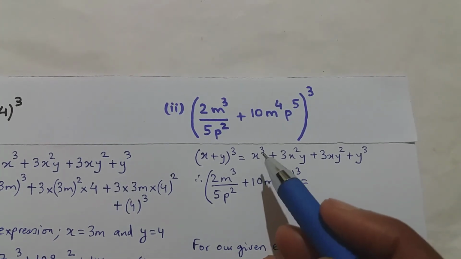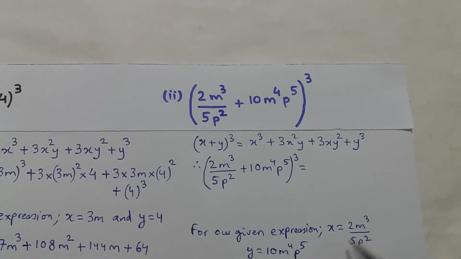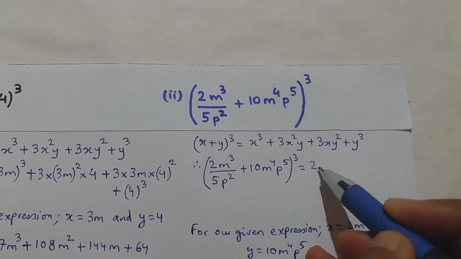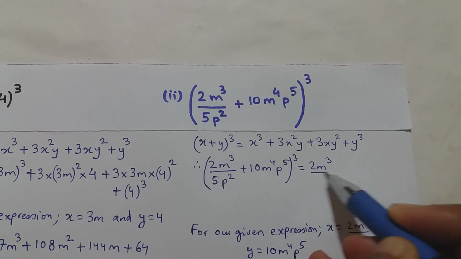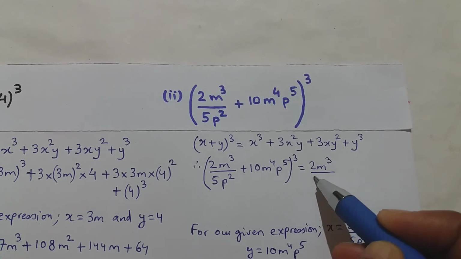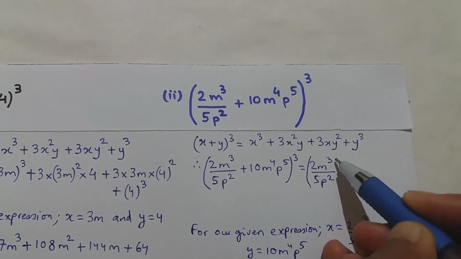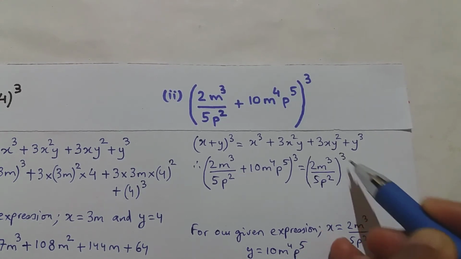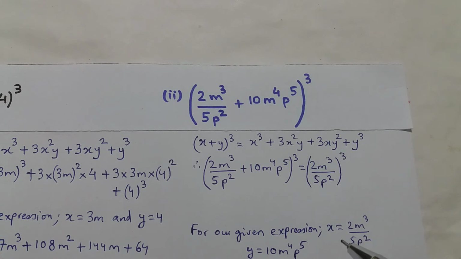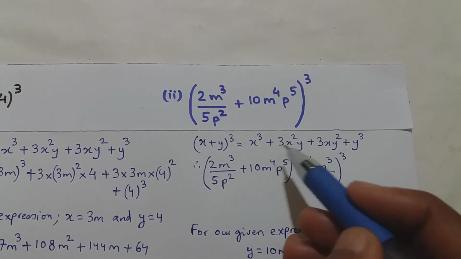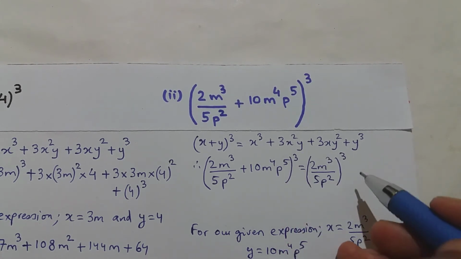So therefore instead of x cube I will write (2m cube upon 5p square) whole cube. So this is x cube plus 3x square y.